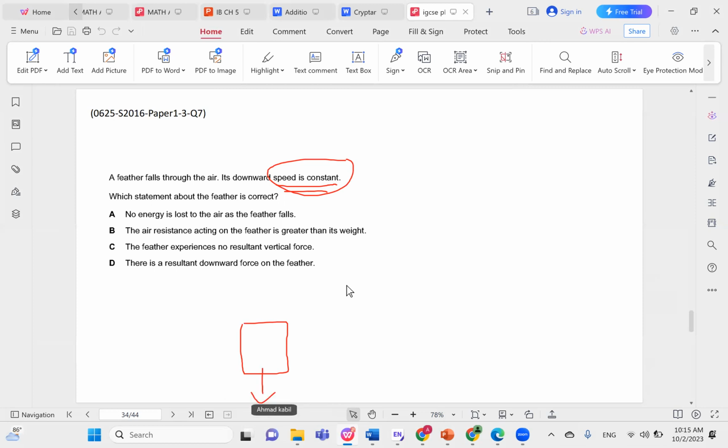In this case, my weight is equal to the air resistance. I have zero net force. So the feather experiences no resultant vertical force. So the correct choice here is choice C.